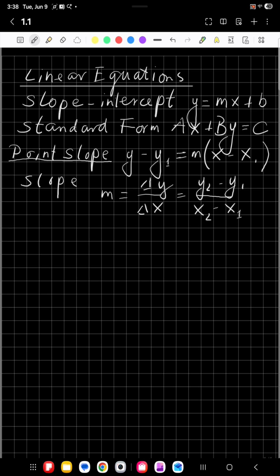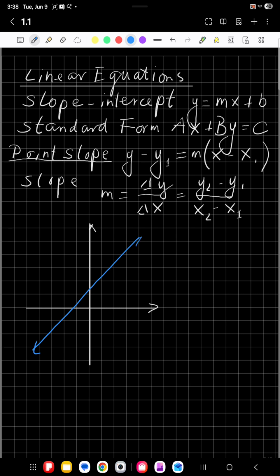Anyway, let me draw a quick picture of just a straight line, and then we'll look at how we're finding that slope. Okay, so I'm getting better with drawing those straight lines. Let's take blue. And so we have a straight line.